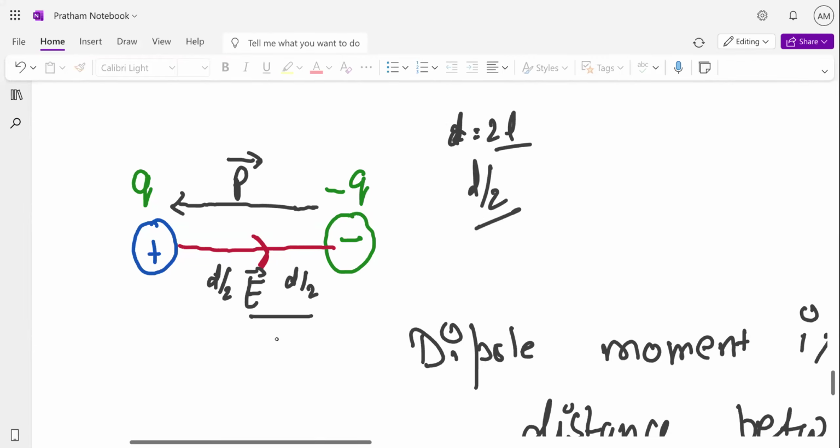I can directly put L and L. Is that clear? So I can replace the whole d with 2L.